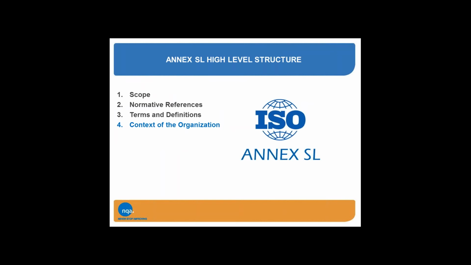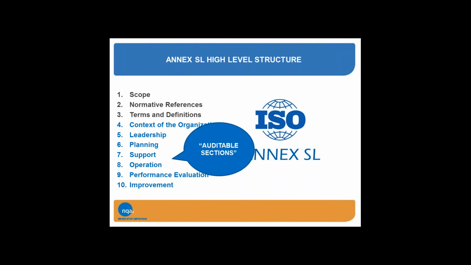Then we have context of the organization, leadership, planning, support, operation, performance evaluation, and improvement. And those 7 clauses are in blue for a reason, because these are the auditable sections of the management system standard, and these clause headings are common to all management system standards. Today we are talking specifically about ISO 9001.